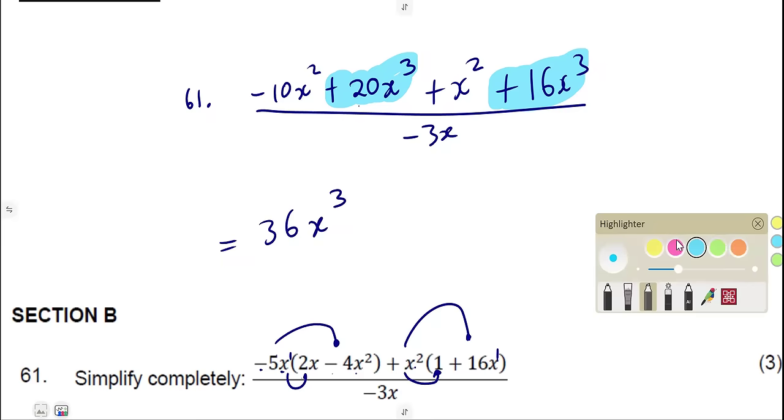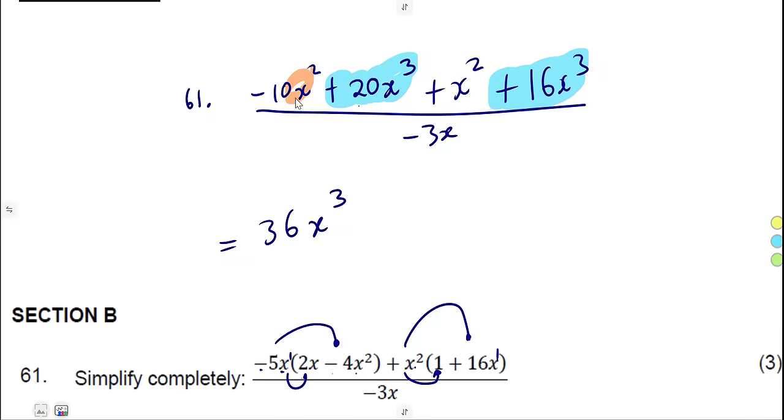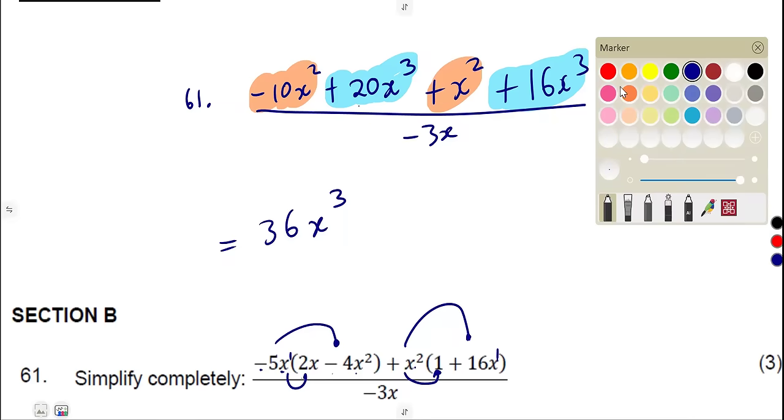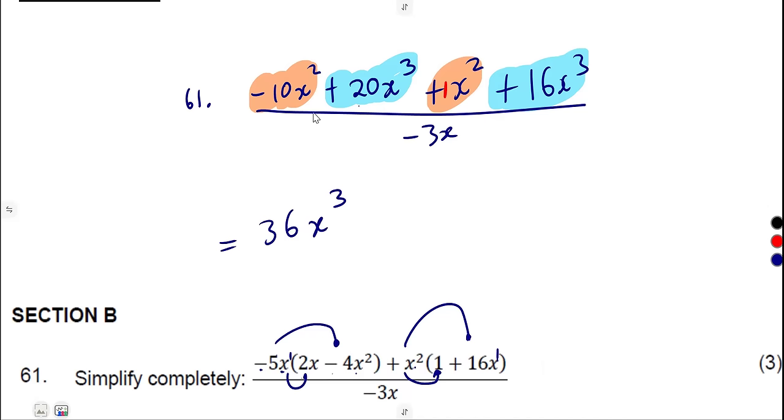X squared on its own, there is x squared there. Minus 10x squared here and x squared. So minus 10 plus what? Plus 1. This one is what? A 1 here. So it's minus 10 plus 1, which is negative 9. So that's negative 9x squared over 3x.